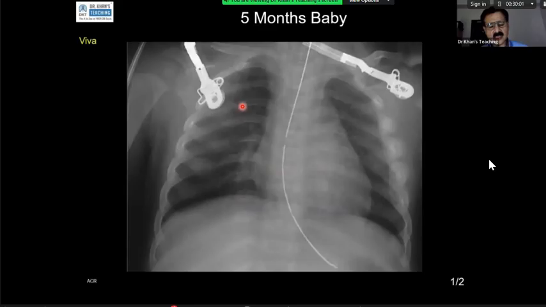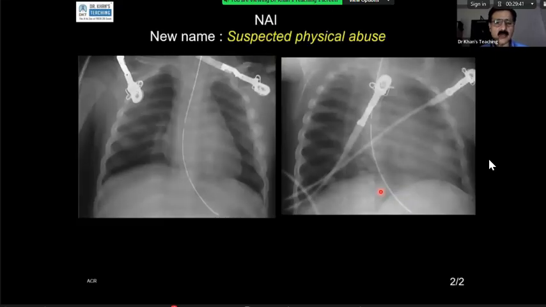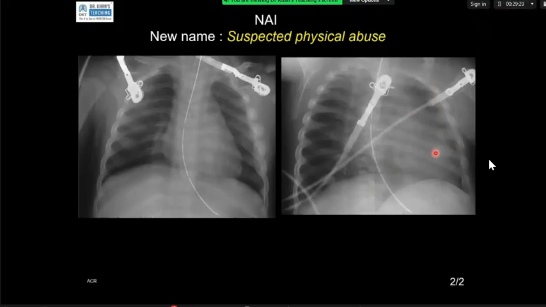On the other hand, in this case, as you correctly pointed out, on the right side there is expansion, but immediately you picked up that there are fractures here. Please remember, when you do a skeletal survey for a suspected NAI case, you do obliques also. Obliques is a better view to pick up fractures, and these fractures are confirmed there. And so immediately, once you have confirmed it, it means it is NAI.